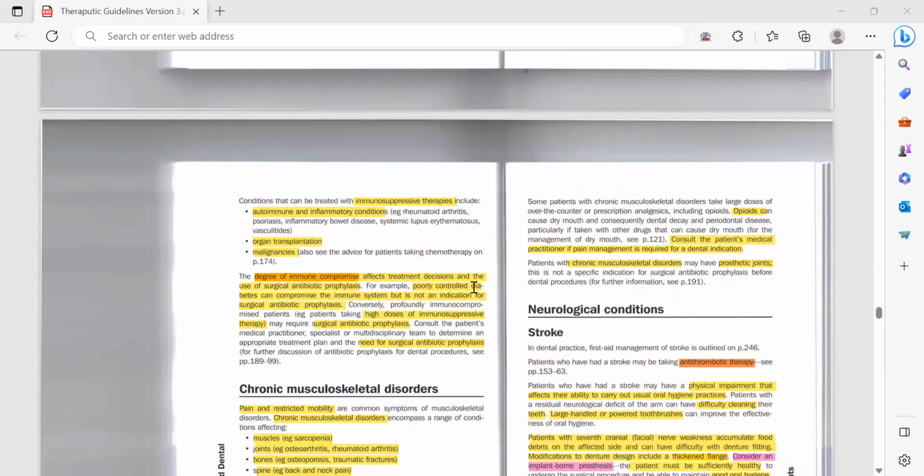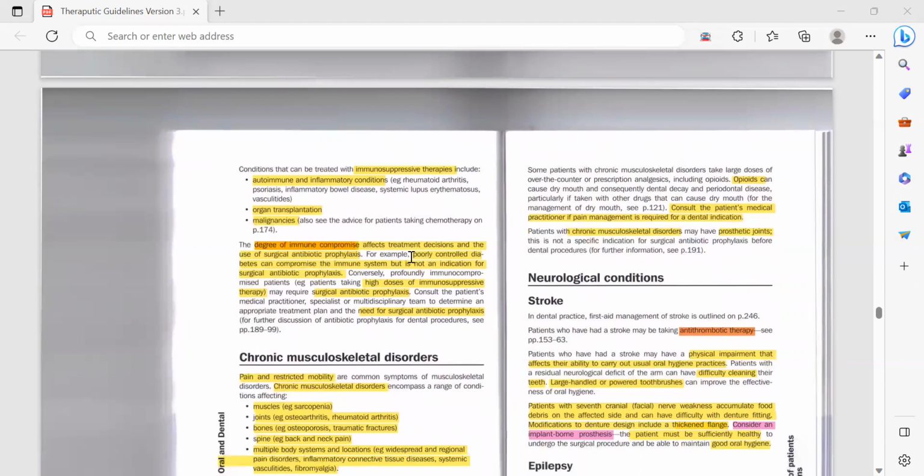For example, poorly controlled diabetes can compromise the immune system, but still there is no indication for surgical antibiotic prophylaxis. This is what we read before. Even though the patient has poorly controlled diabetes, you still do not prescribe any antibiotic before starting the dental procedure.